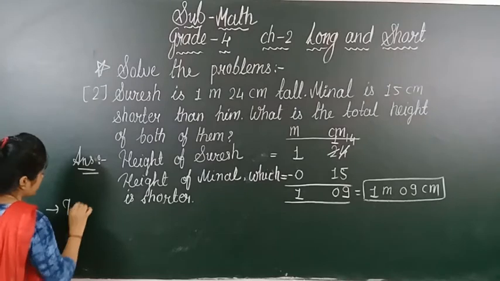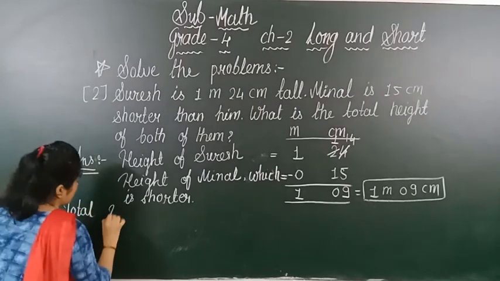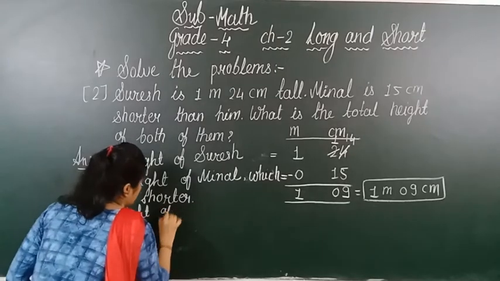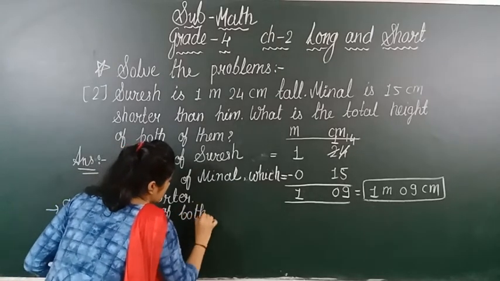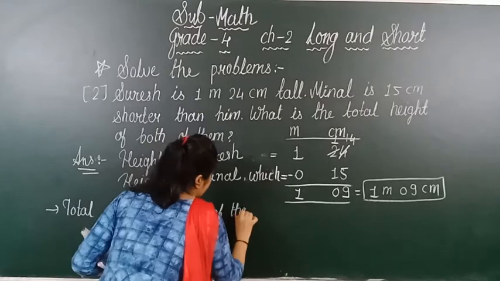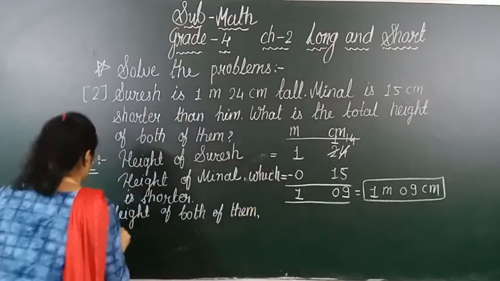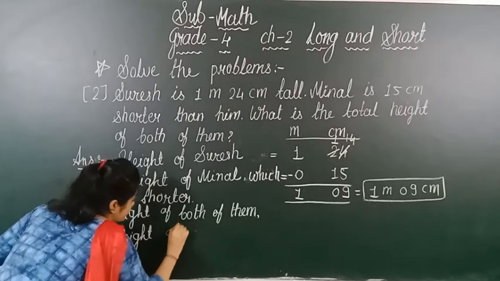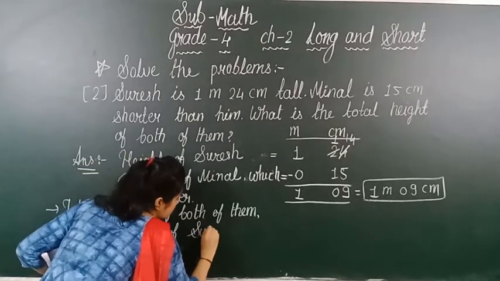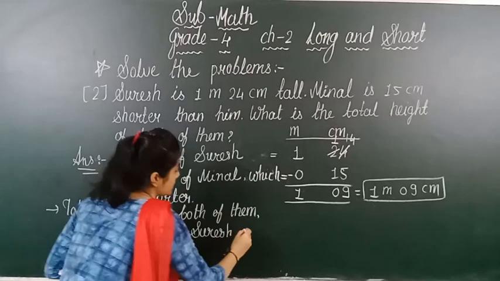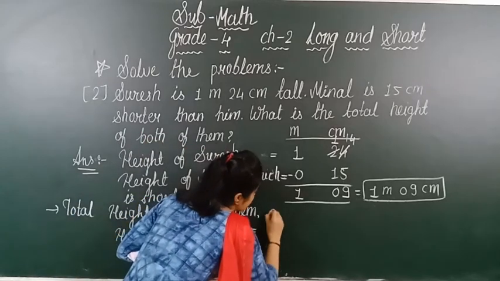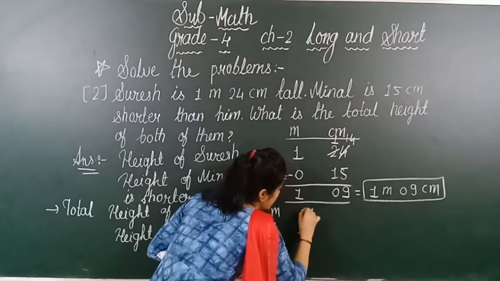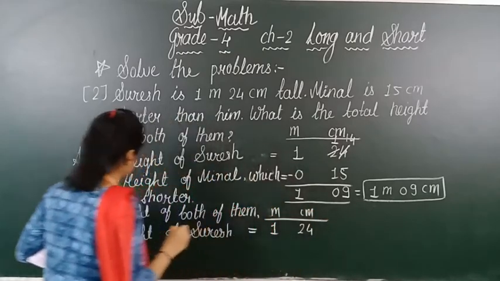So now the total height of both of them. The height of Suresh is 1 meter and 24 centimeter, which we already have.